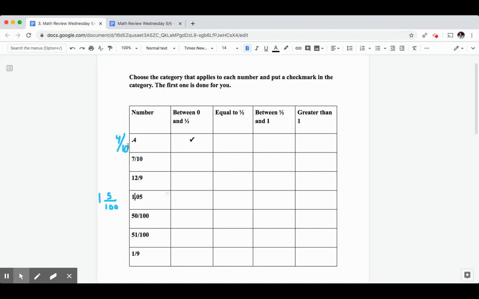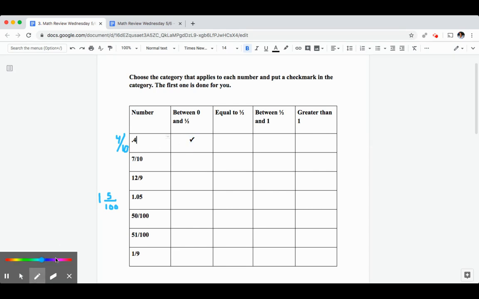Our denominator here is 10. Half of 10 is 5. So in order for this number to be equal to 1/2, it needed to be 5/10. It is not 5/10, it's less than 5/10, it's only 4/10. So we know that we can classify it as between 0 and 1/2.